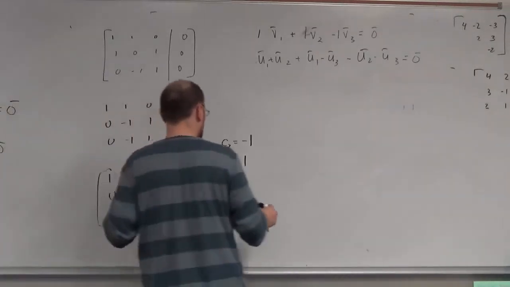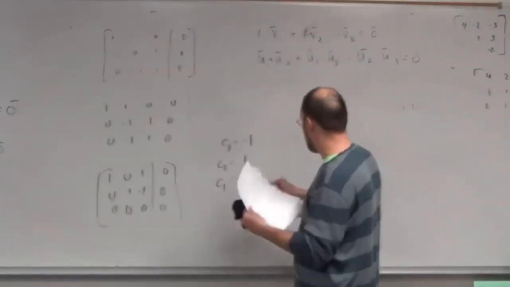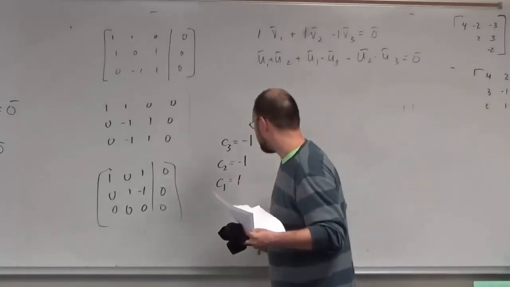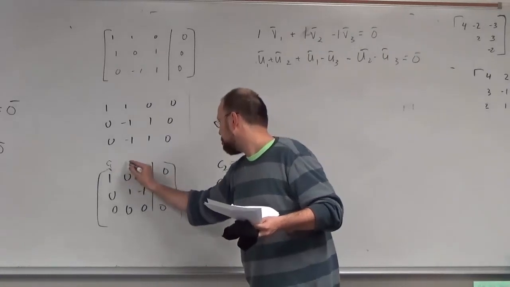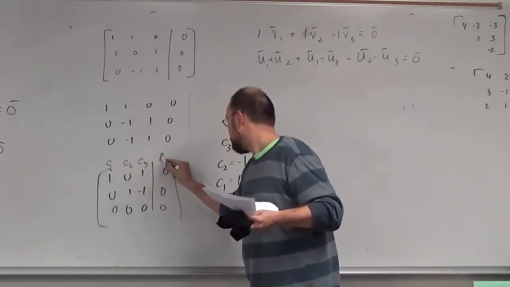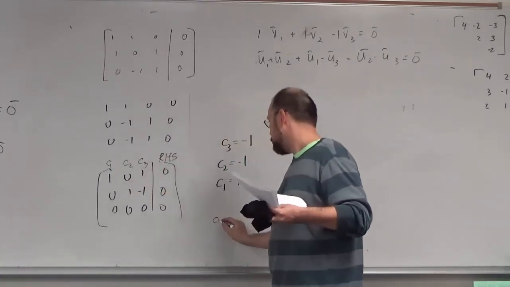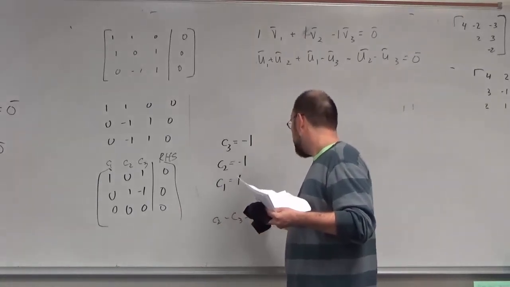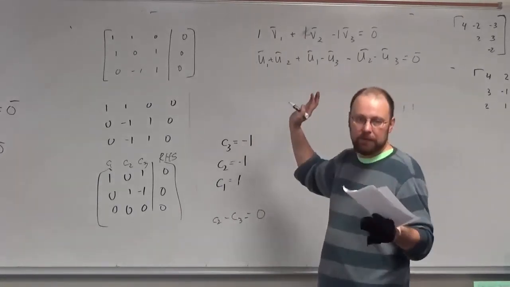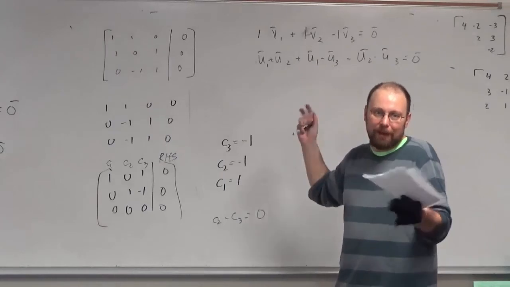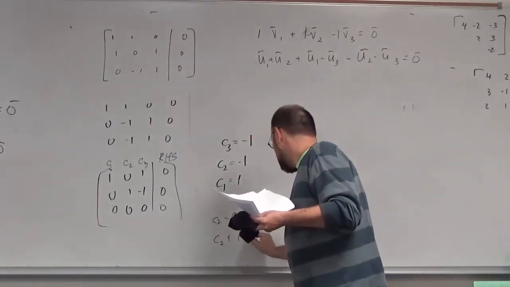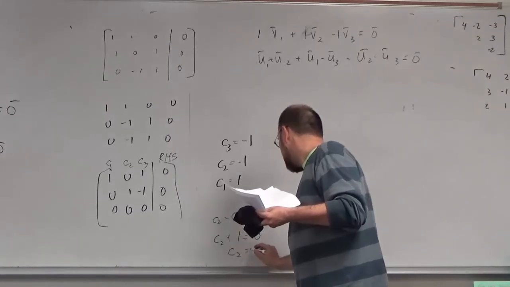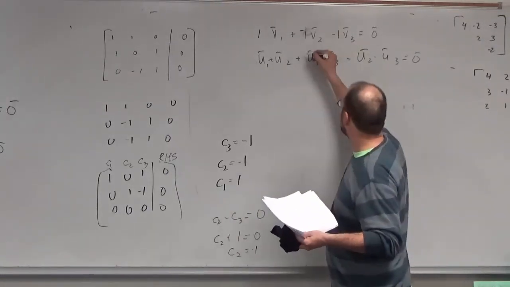You already found it, I just wanted to demonstrate it. I think I'm messing up because this should be -1. The second row reads C2 minus C3 is 0. If we simply let C3 be -1, so that's plus 1, we see that C2 would have to be -1. I made that mistake. So there we go.